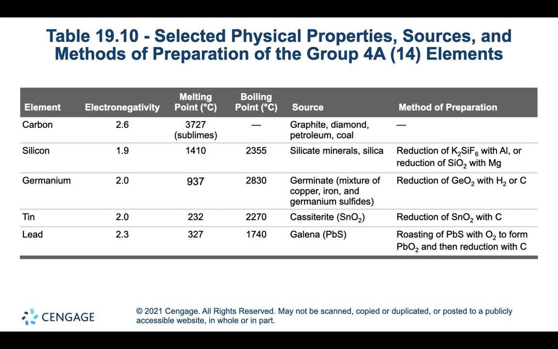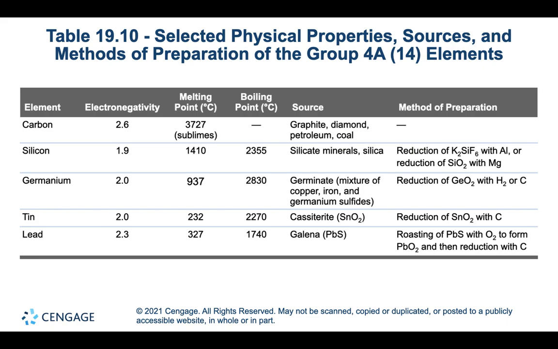Here's our chart comparing electronegativities and melting points and boiling points and what the sources would be for these elements. Carbon can be found in pure form as coal or diamond, or in compound form in petroleum. Silicon is typically made from minerals that contain the silicon, which are then reduced.